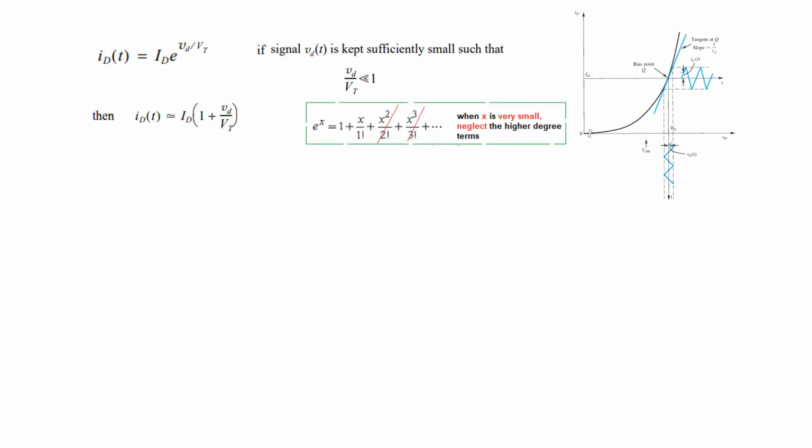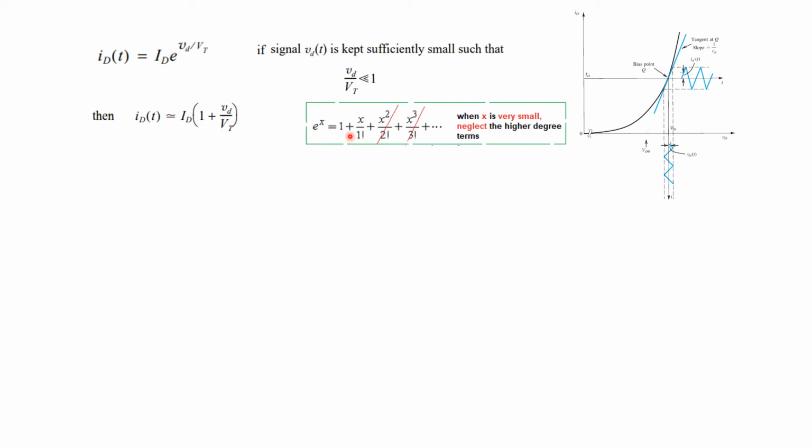And therefore we can now use this exponential equation, that is e^x is equal to 1 plus x over 1 factorial plus x squared over 2 factorial plus x cubed over 3 factorial. And when x is very small, then we can neglect the higher power terms, and so it will be 1 plus x.